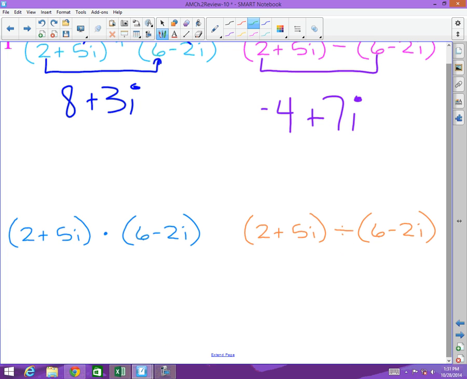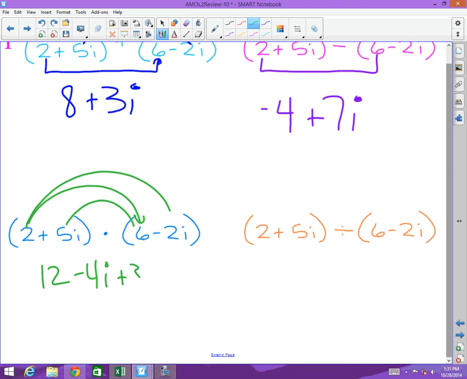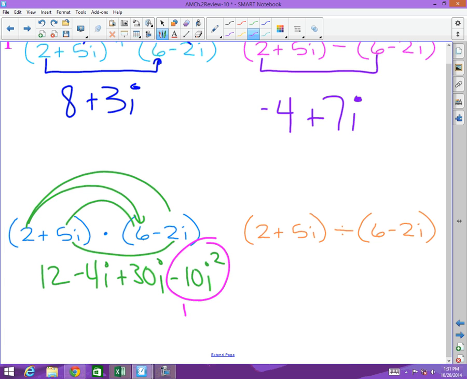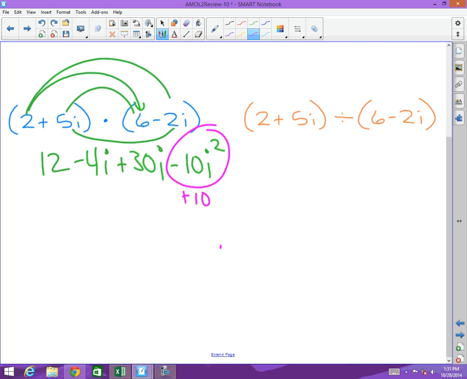And then here, 2 times 6 is 12, minus 4i, plus 30i minus 10i squared. And a minus 10i squared is the same as plus 10. And so then 12 plus 10 is 22 plus 26i.